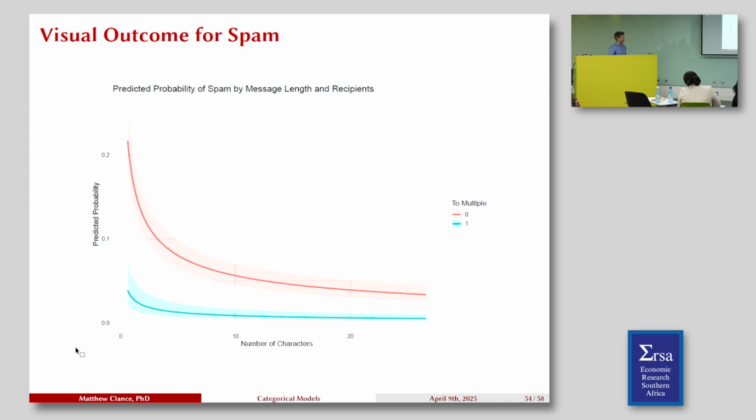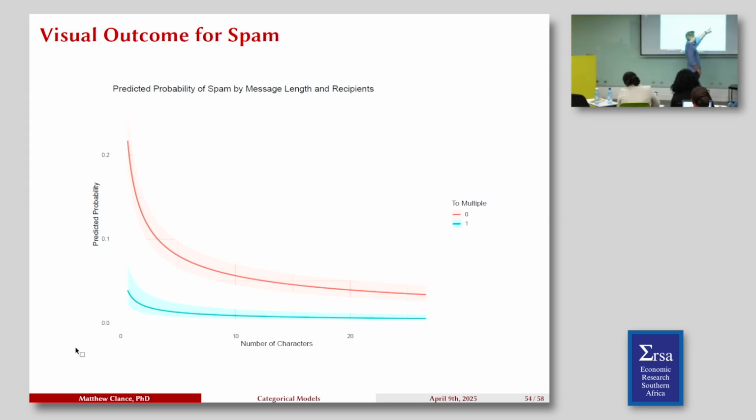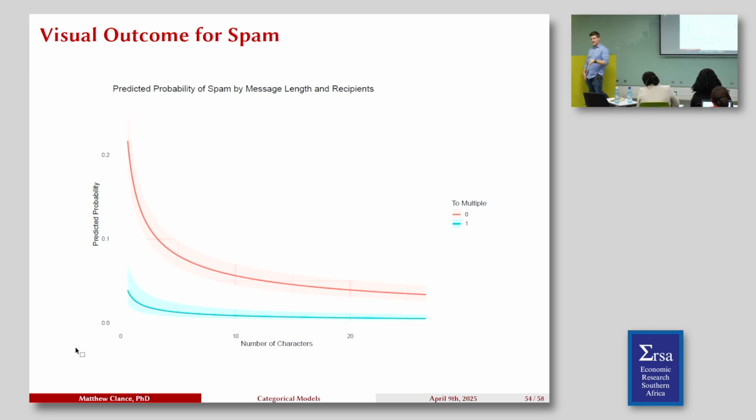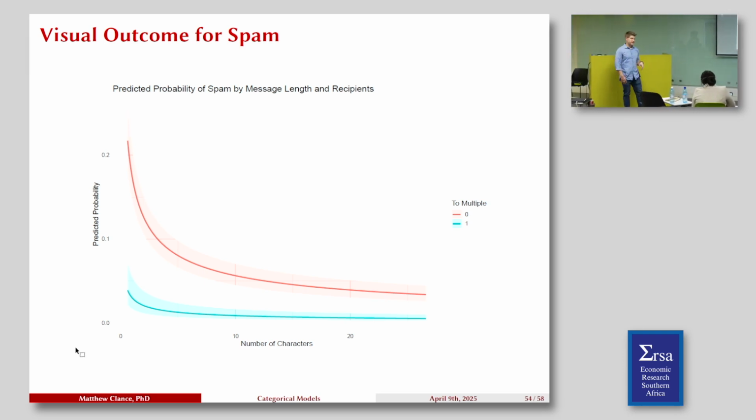But also because our choice variable here is looking across multiple recipients. Now, if I actually got a count of the multiple recipients, say I chose to group them: no additional recipients, 1 to 10, versus more.